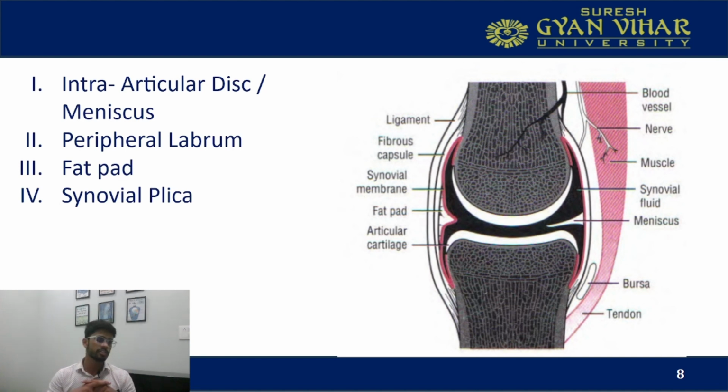The second structure which is present in some of the synovial joints is the labrum. You can very well see that the labrum is present in the glenohumeral joint as well as at the hip joint between your acetabulum and your head of femur. In the glenohumeral joint, the glenoid cavity is very shallow to accommodate the head of the humerus.